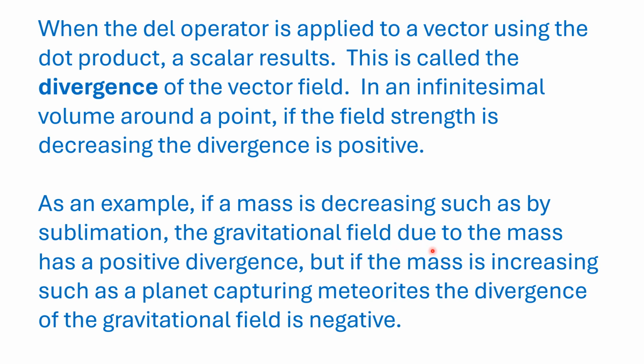The gravitational field due to the mass has a positive divergence because the mass is getting less, gravity is getting less. But if the mass is increasing, such as a planet capturing meteorites, the divergence of the gravitational field is negative because the mass increases, the gravitational field increases, its divergence decreases.